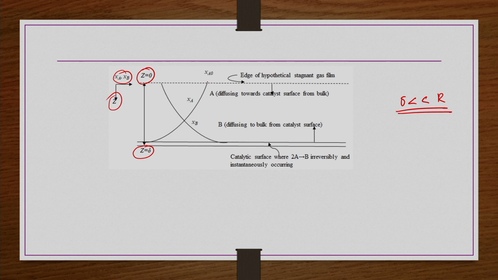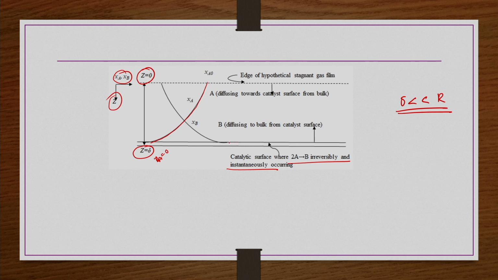So, now Xa is Xa naught at the hypothetical film edge, which is almost pure, and then it is reacting and its concentration is dropping and becoming 0 at Z equals delta if it is irreversible and instantaneously occurring. Then Xa would be 0 at Z equals delta, otherwise it has to be represented accordingly.